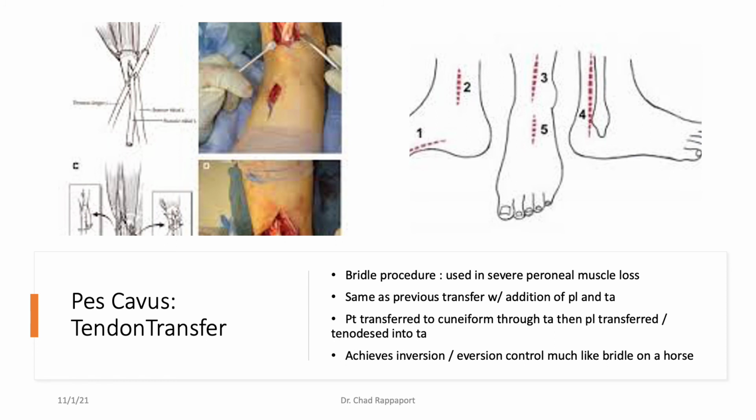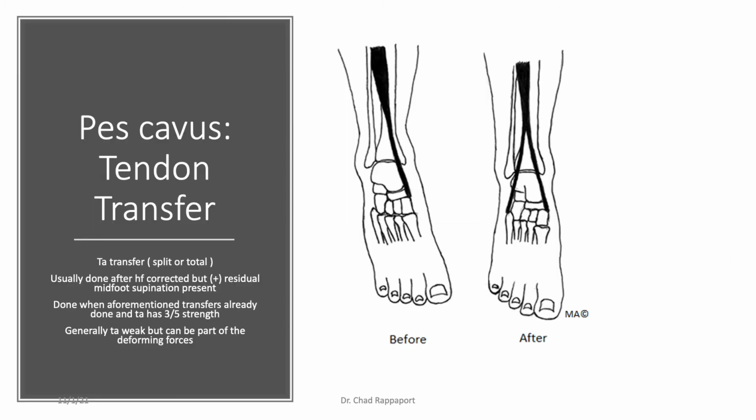The posterior tibial tendon is transferred to the cuneiform, as previously noted, through the tibialis anterior this time. Then the peroneus longus is transferred and tenodesed into the tibialis anterior. And this achieves inversion-eversion control, much like a bridle on a horse, thus the name bridle procedure.